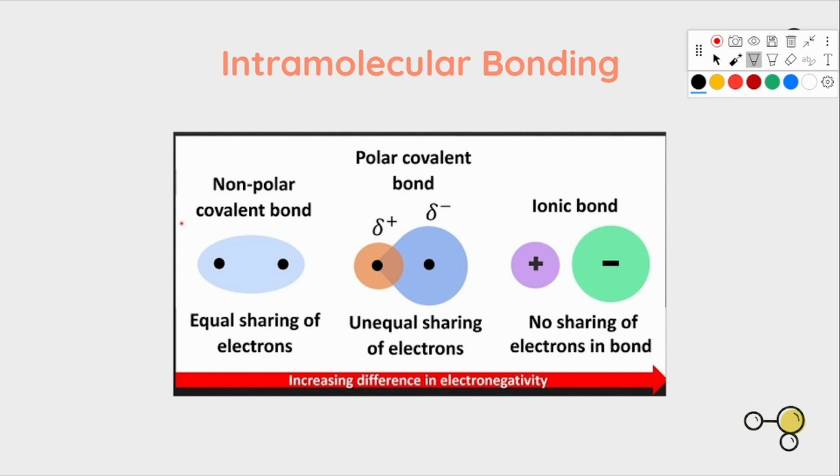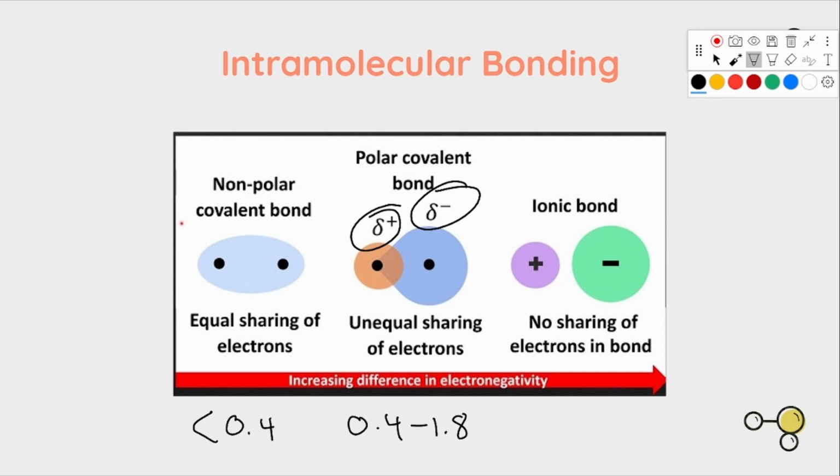A nonpolar covalent bond is a bond where electrons are shared equally. The difference in electronegativity between the 2 atoms will generally be less than 0.4. A polar covalent bond has an unequal sharing of electrons, resulting in partially positive and partially negative ends. Polar covalent bonds will have an electronegativity between 0.4 and 1.8.